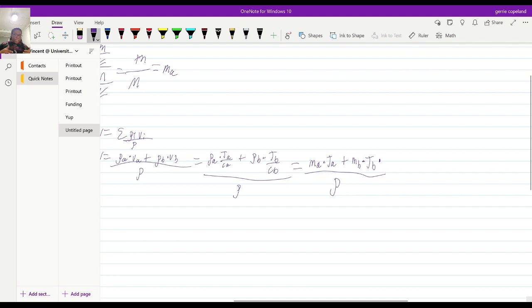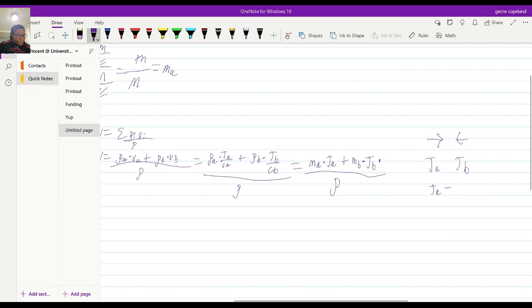So the diffusive flux of A is going to be moving one way, and the diffusive flux of B is going to be moving the opposite direction.